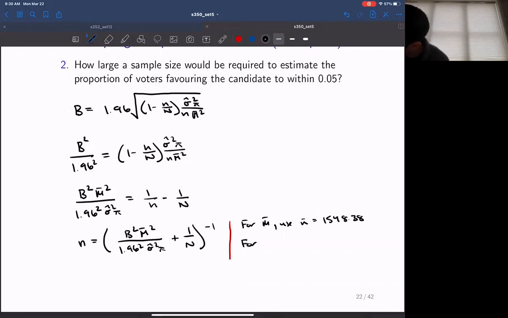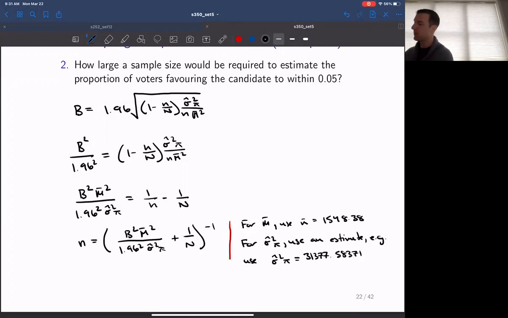For sigma hat pi, use an estimate. For example, we can use what we calculated in the previous questions: sigma hat squared pi is equal to 31,377.58371. But for clarity, that could be in a situation where, for example, we didn't have the data given to us.